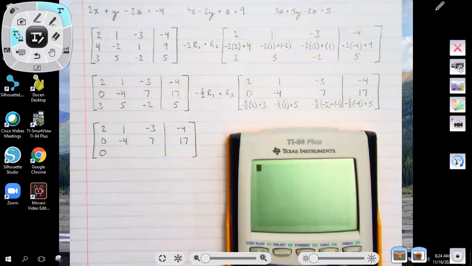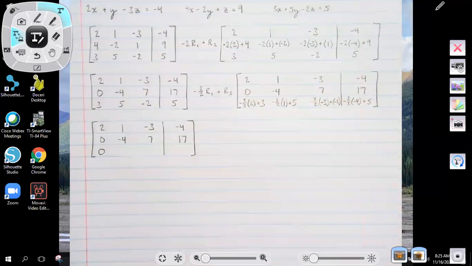Okay, -3/2 times 1 is -3/2 plus 5. We can do 5 minus 3/2. 3.5, which is 7/2.